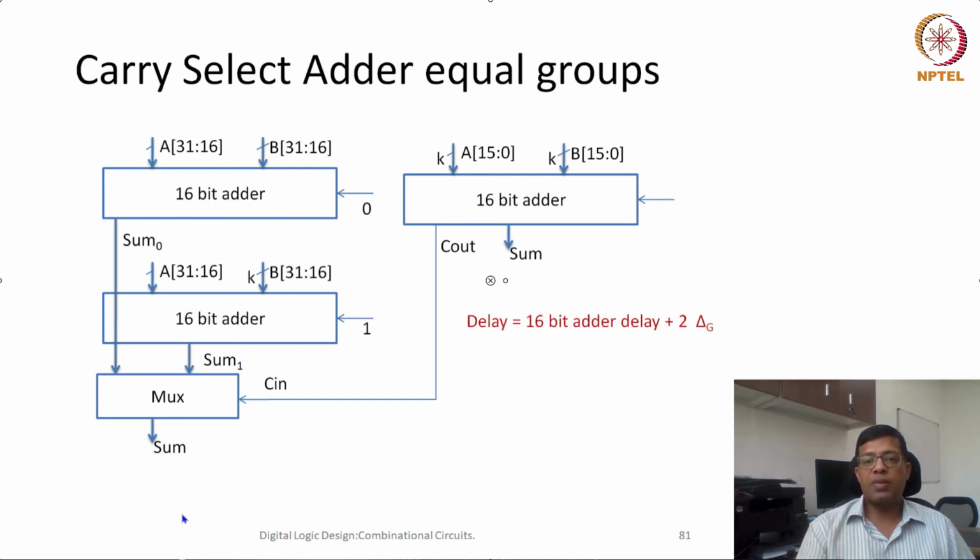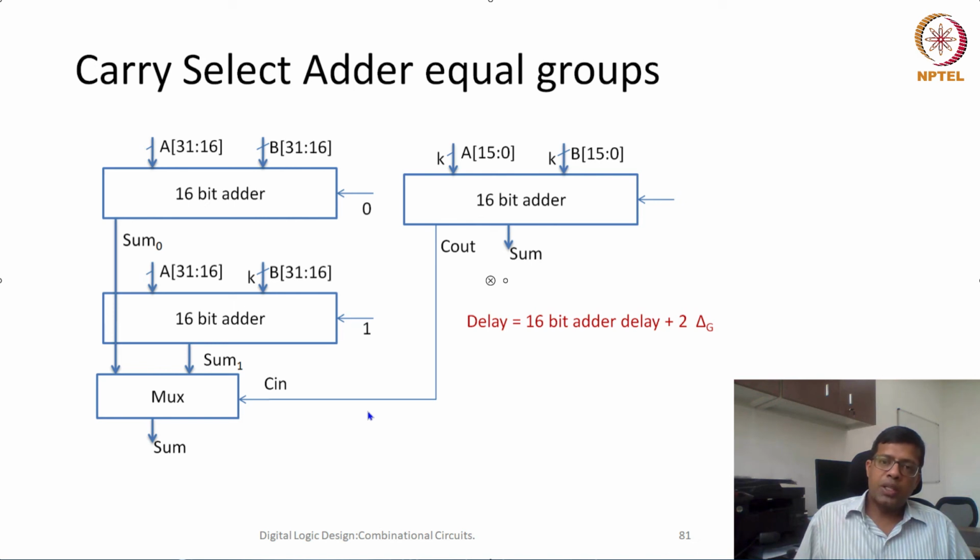So the total time would be the delay of a 16-bit adder plus 2 delta G. Using this carry select adder, we are able to reduce the delay to approximately half.